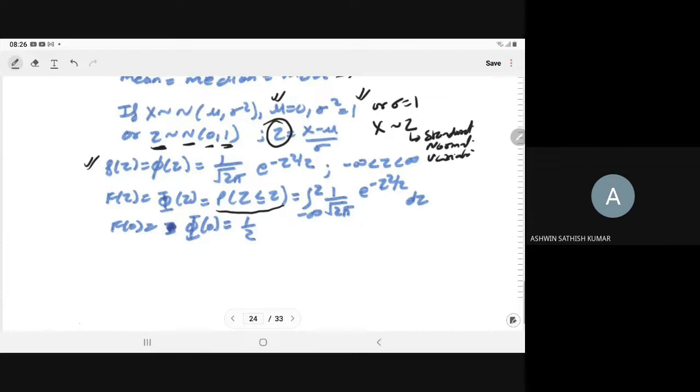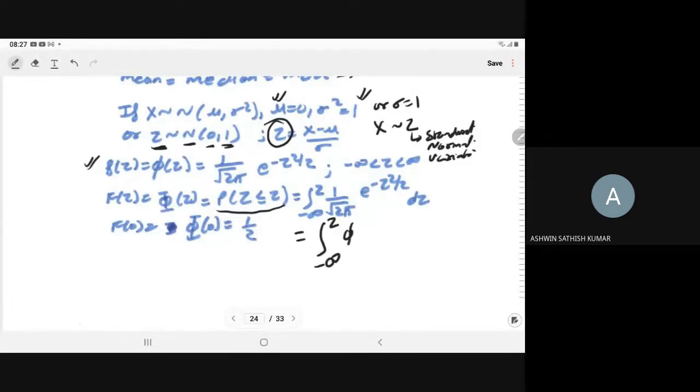So P(Z less than or equal to z) is the integral from minus infinity to z of the PDF, that is the integral of phi(z) dz, and that is 1 upon root 2 pi e to power minus z square by 2 dz.